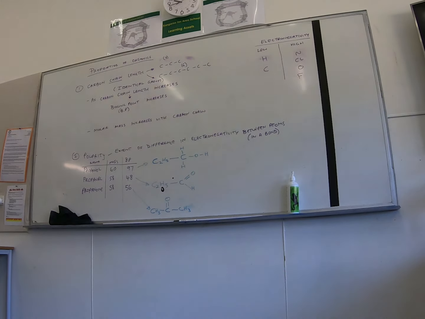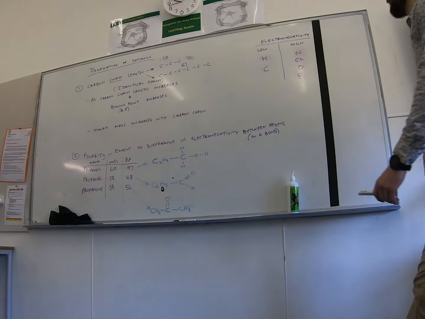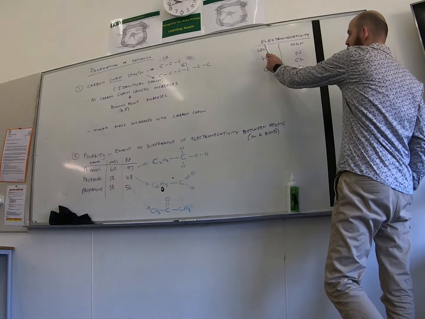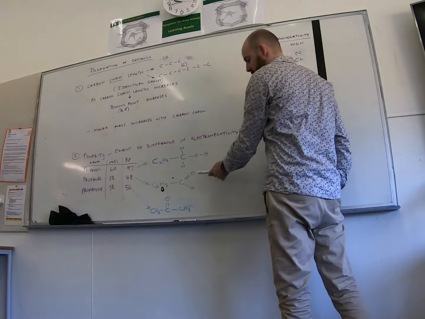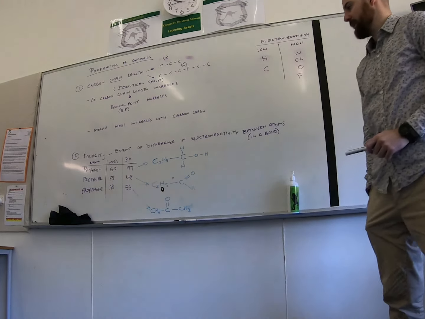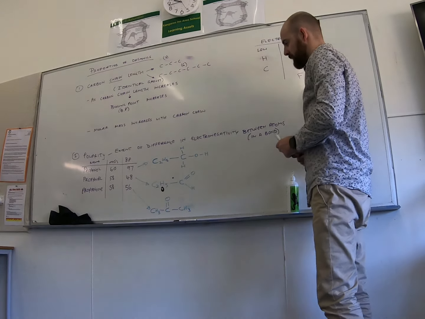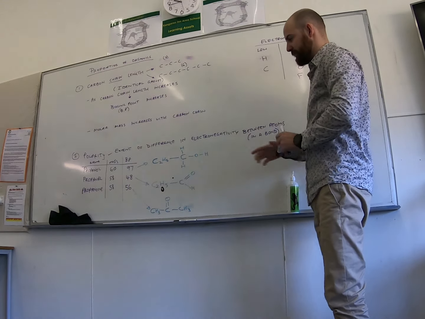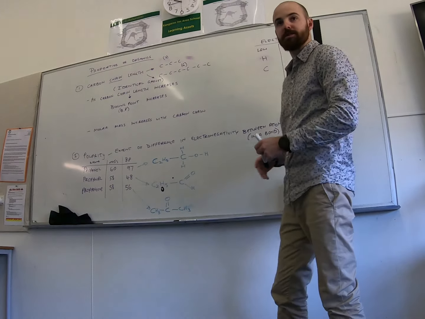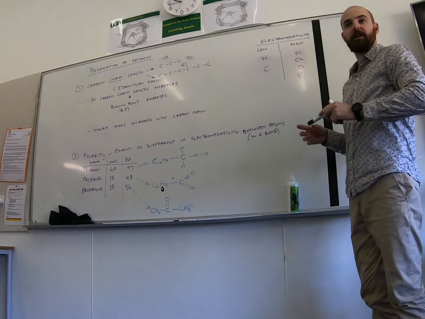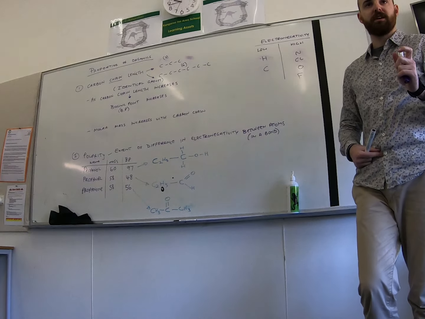So we need to identify some differences in electronegativity from low to high in these 3 molecules, and then we can have a look at why one of them is more polar than the other ones. So we'll look at the first one. We won't worry about this because hydrogen and carbon have very similar electronegativities.